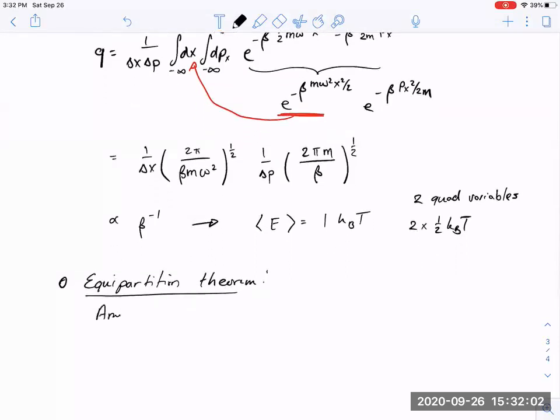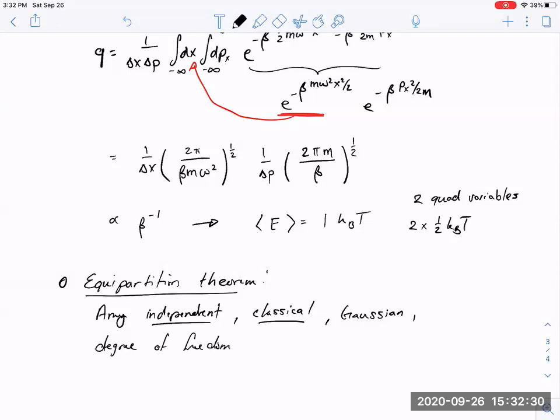Stated in words, one would say that any independent classical Gaussian degree of freedom, so entering in the exponential quadratically, each one of those will always contribute identically 1/2 kBT to the average energy.